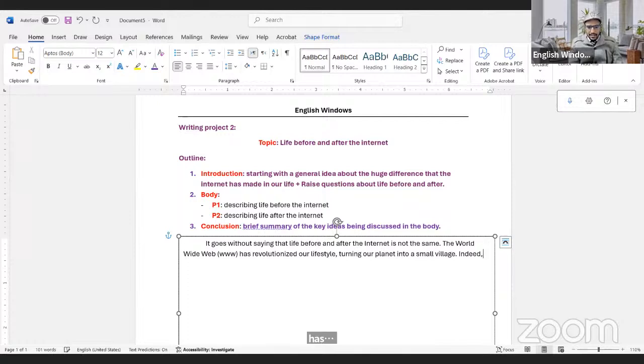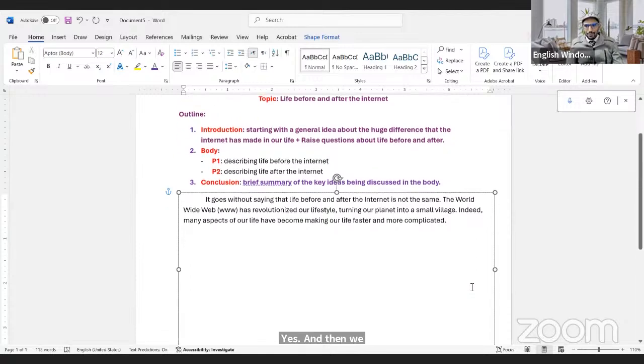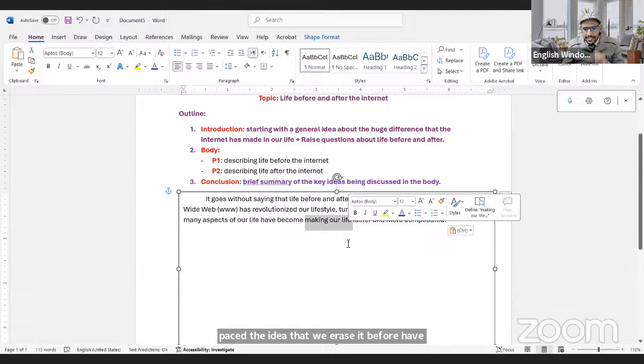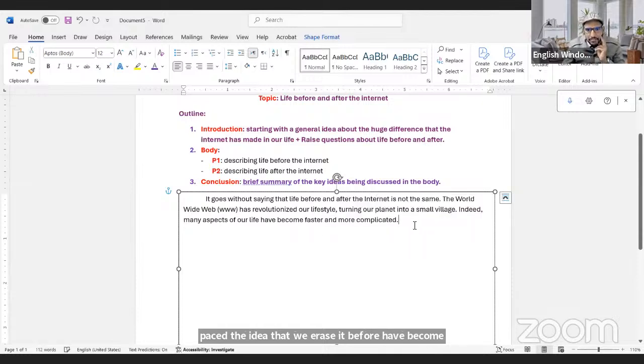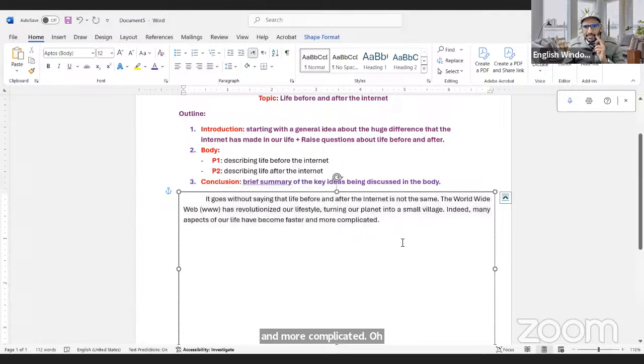Indeed, many aspects of our life have become, and then we paste the idea that we erased before. Have become what? Have become faster and more complicated. Oh, nice, great. Have become faster and more complicated.